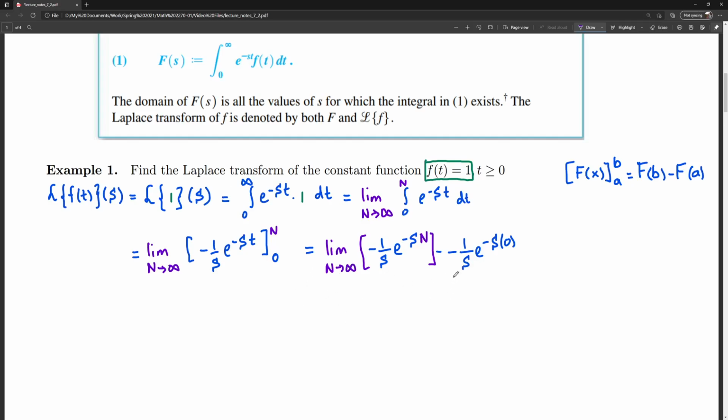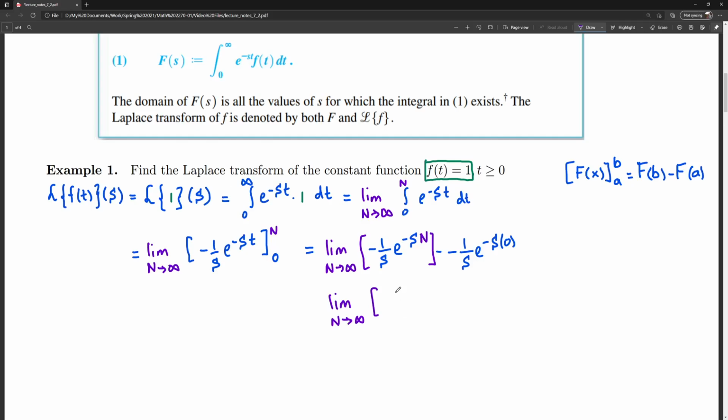But let me first simplify that before we start worrying about the limit. So I have the limit as n goes to infinity, and I'm going to rewrite this a little bit.